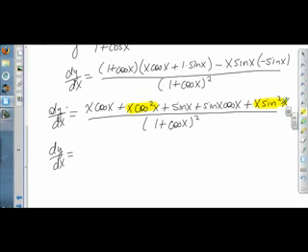Now I notice that those two terms have a common factor of x, and if I factored out the x, I would be left with cosine squared x plus sine squared x, which is 1.